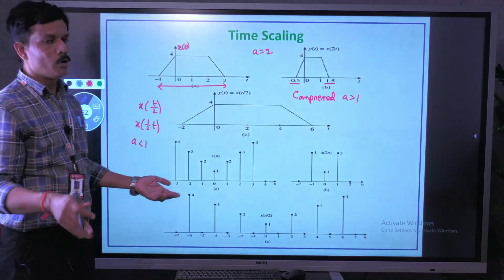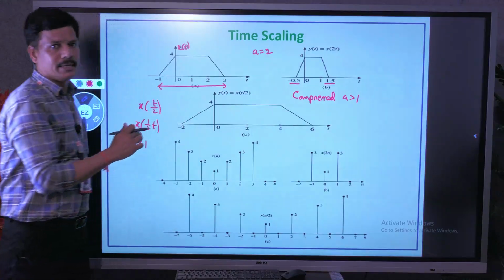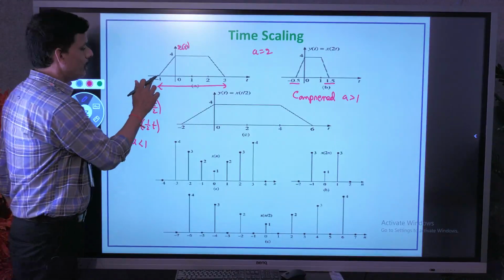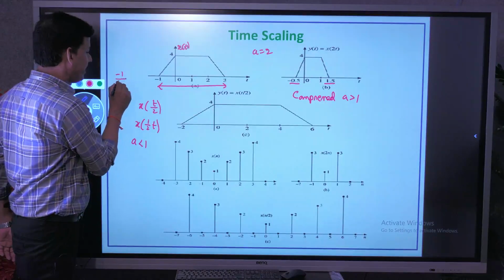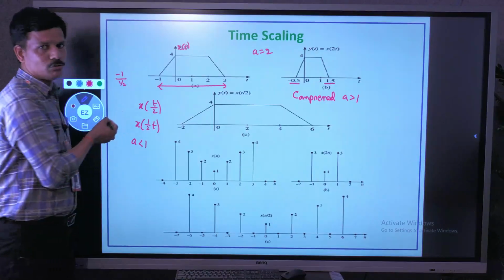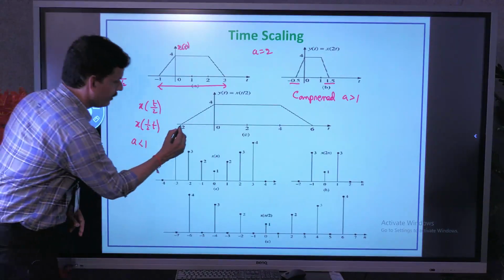How do we get expansion? Every time value is divided by A. Here A equal to 1 by 2. Minus 1, the starting value, divided by 1 by 2 will become minus 2. So the starting value of the expanded signal is minus 2.